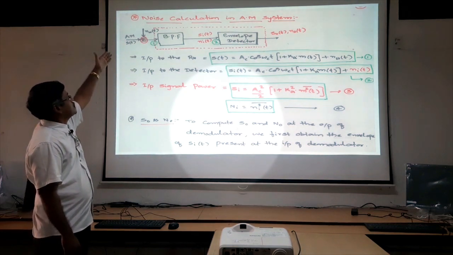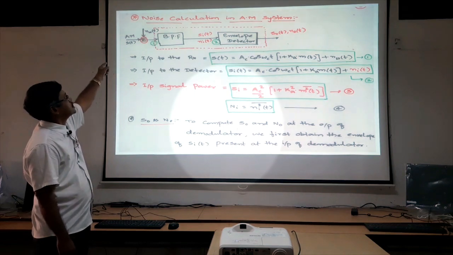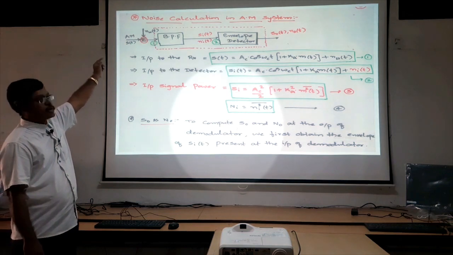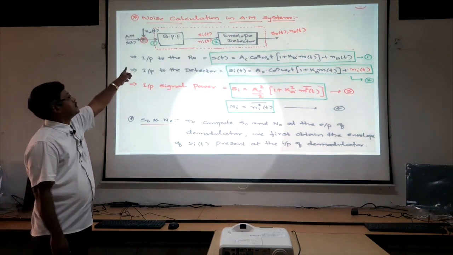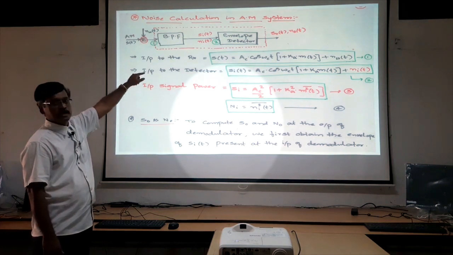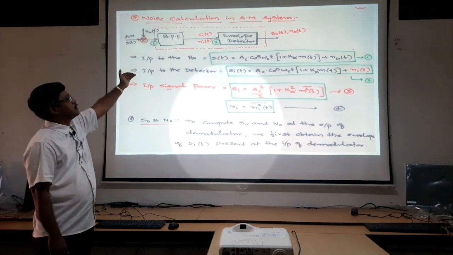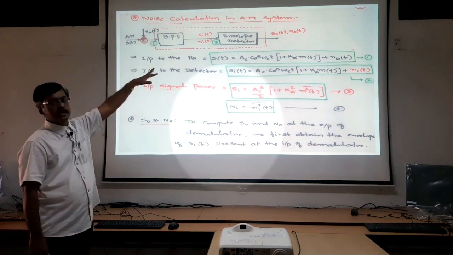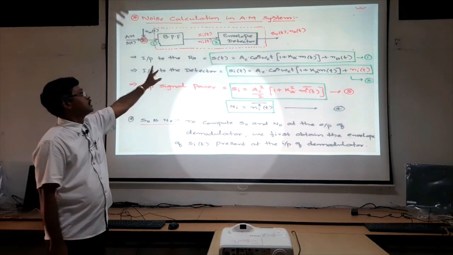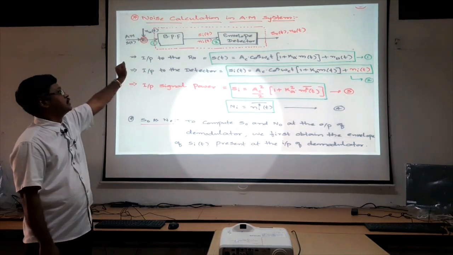At the input side, the receiver receives the amplitude modulated signal as well as the noise which we are defining in terms of white noise or Gaussian noise. The significance of the band pass filter here is to minimize the noise to some extent, which avoids problems for the envelope detector and increases the performance of the receiver system.